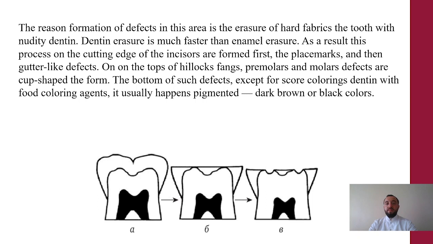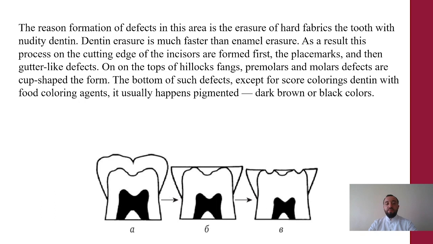As a result of this process, on the cutting edge of the incisors first facets are formed and then gutter-like defects, and on the tops of the cusps, canines, premolars and molars the defects are cup-shaped.